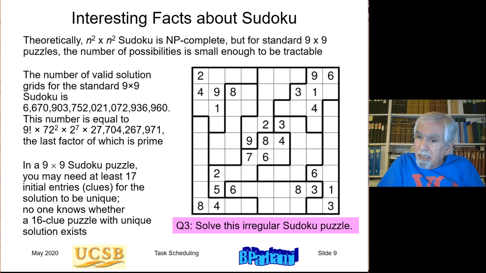This is sort of like a jigsaw puzzle. Within this area, I have to have numbers 1 through 9 without repetition.